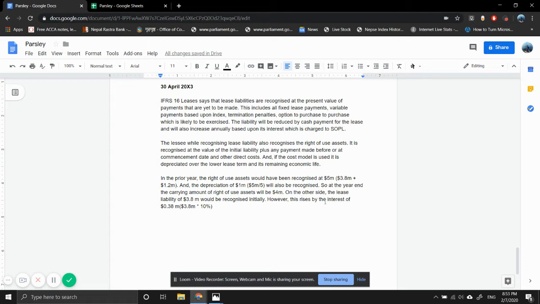The interest is recognized as finance cost in profit or loss.